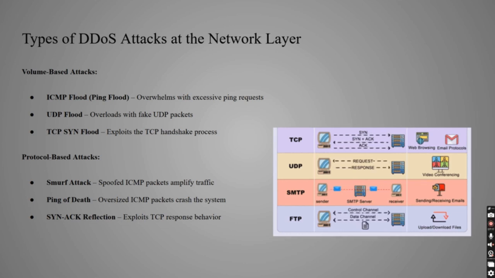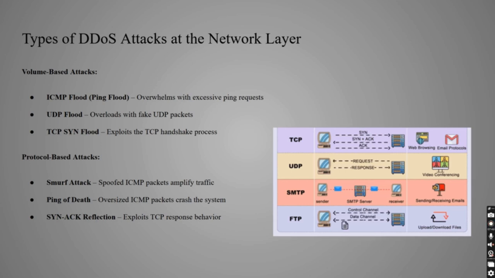ICMP flood, also called ping flood, sends a massive number of ping requests to overload the system. UDP flood overloads a server by sending a high volume of fake UDP packets to random ports. TCP SYN flood exploits the TCP handshake by sending continuous connection requests but never completing them, consuming server resources.